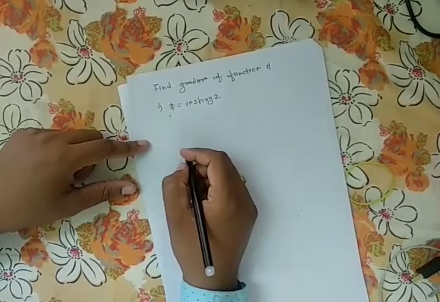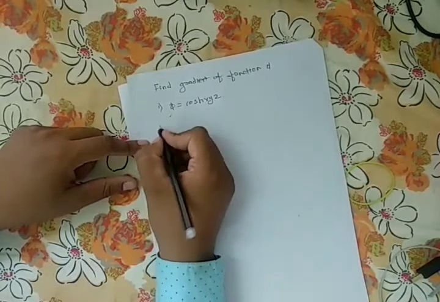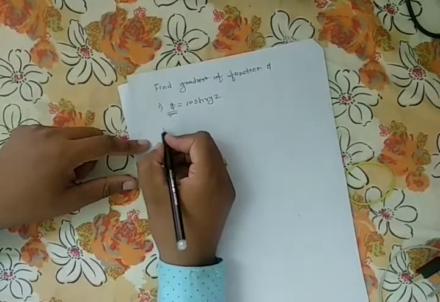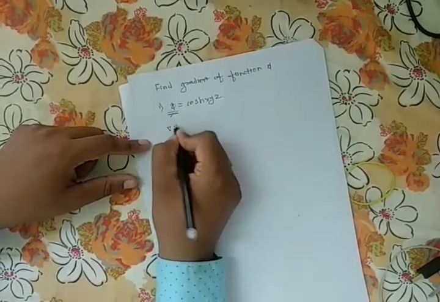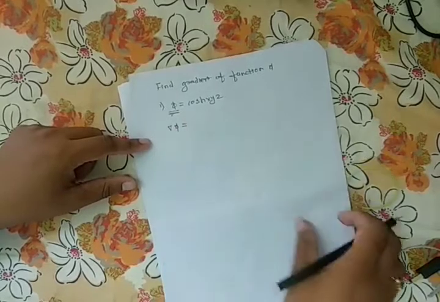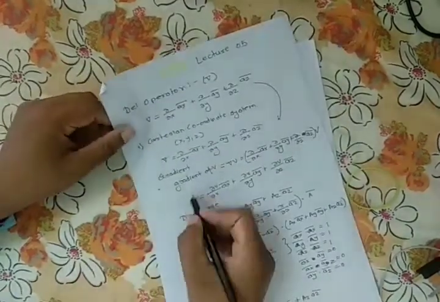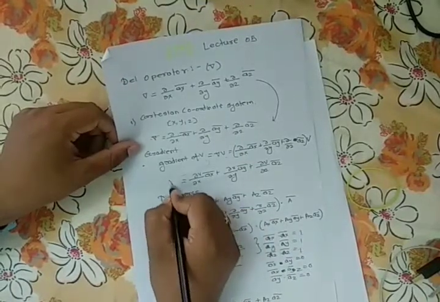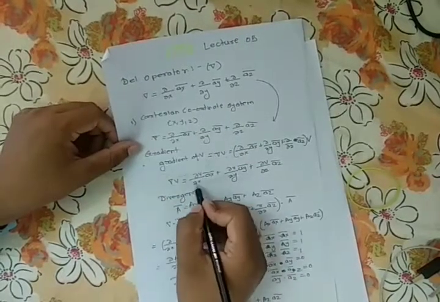What is meant by gradient? We have studied that phi is the scalar quantity given, so del phi we have to find out. Gradient, we have used here del v, so del v we have used ∂v/∂x ax bar, like that.